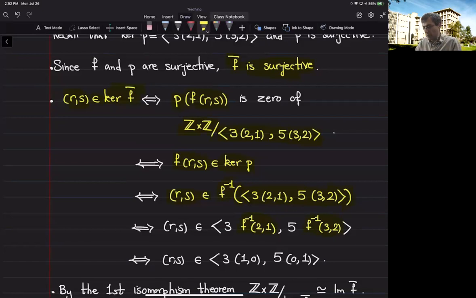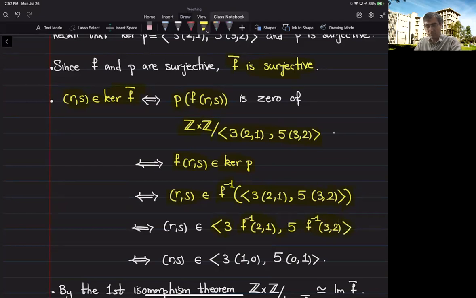F inverse is a group homomorphism. So as I apply F inverse to this one, it's like applying F inverse to each one of these terms and then looking at the smallest subgroup that contains those two. So I get that this is the subgroup generated by 3 times F inverse of (2, 0) and 5 times F inverse of (3, 2).